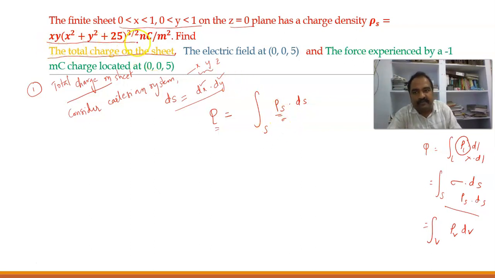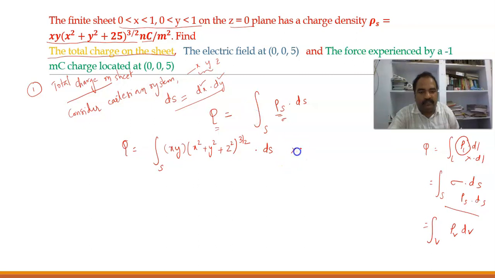Now rho s has already been given for me. This is the equation for my rho s. So I'll take this one, rho s over the surface. Its value is xy into x square plus y square plus z square whole to the power of 3 by 2 into ds. Into nano coulombs, right? So I am supposed to use 10 to the power of minus 9 here. Okay. Now this surface is extendable in both x and y.